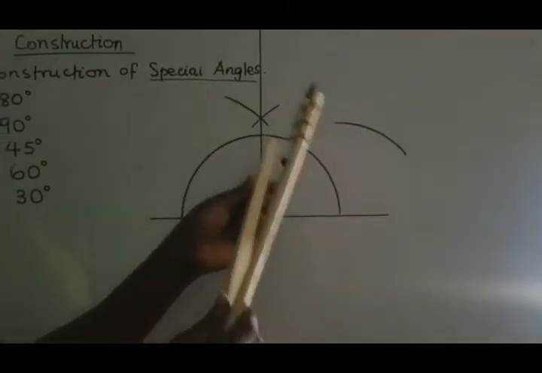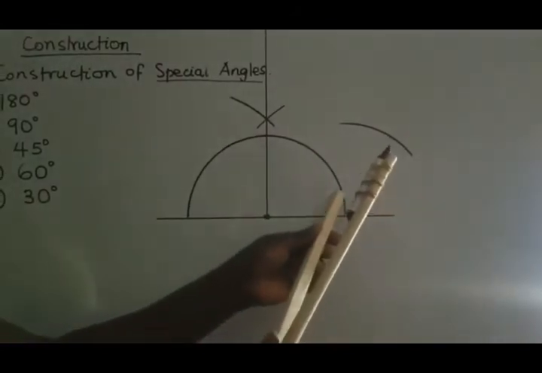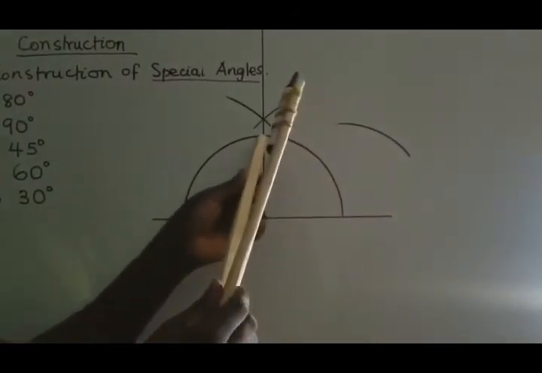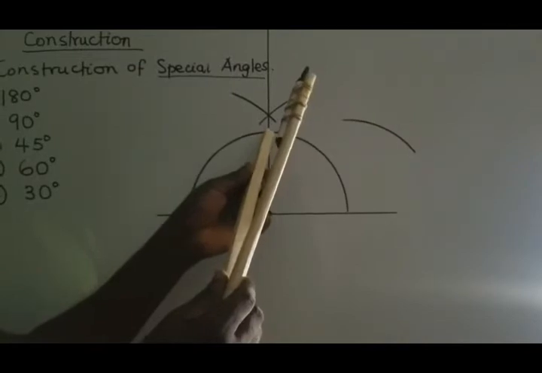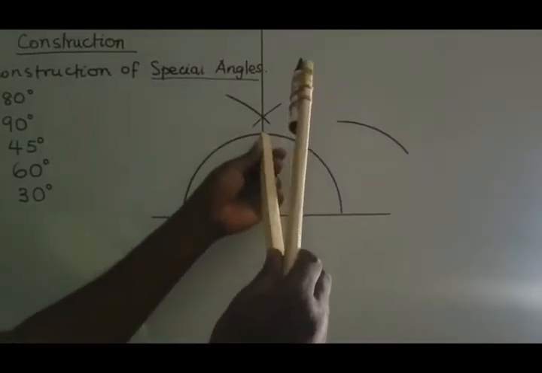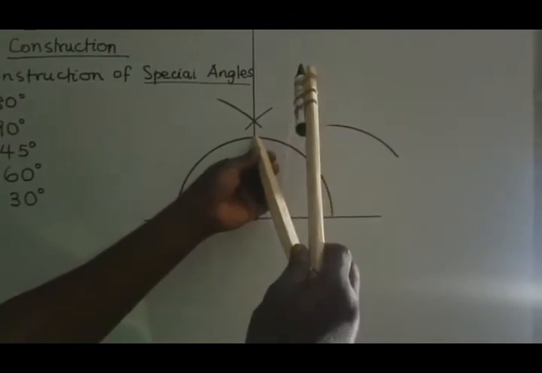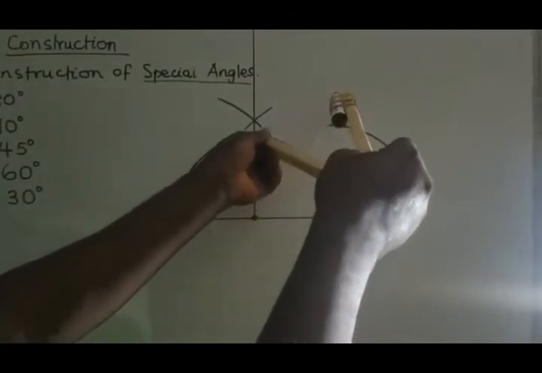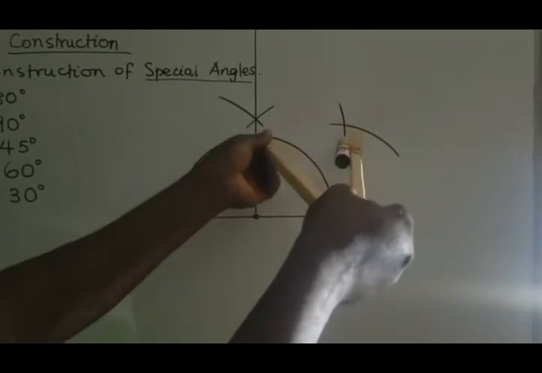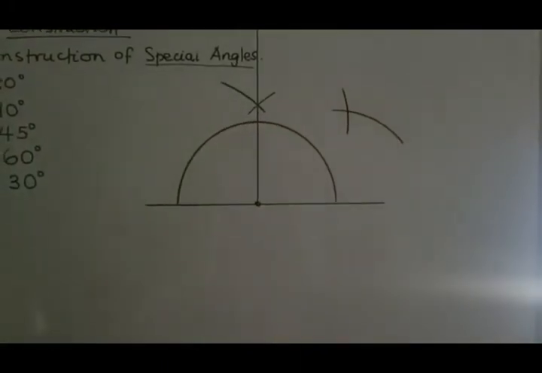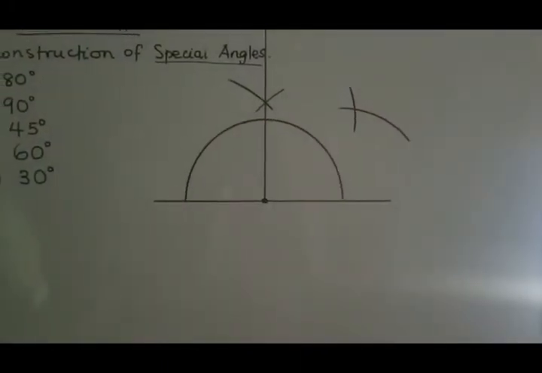Look at it, this is 90. From here you can set the arc for 90 to this point, that is 90 degrees. So you put it here as we draw another arc. Okay, so let's draw another arc. Look at it. Good. Okay, the 2 arcs have intersected.